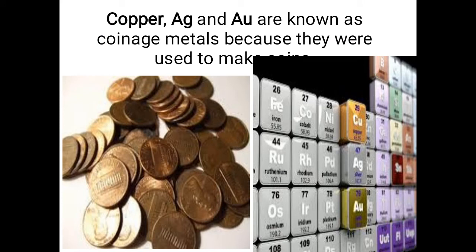Because of their usage over time, they were also called coinage metals, because copper, silver, and gold had been used for long and they were used in making coins. That's currency. That is why they are also called coinage metals.